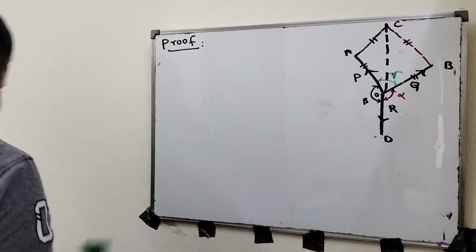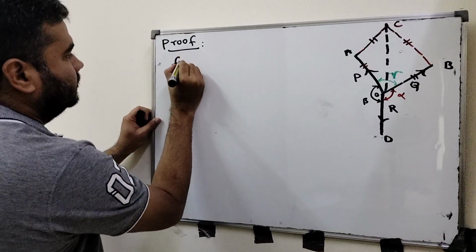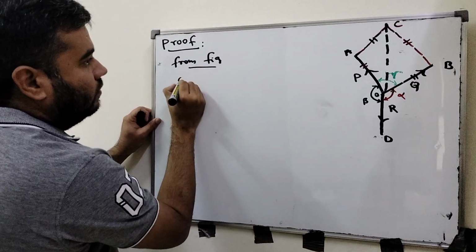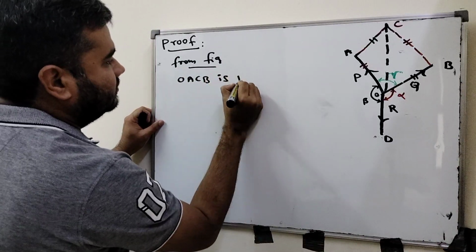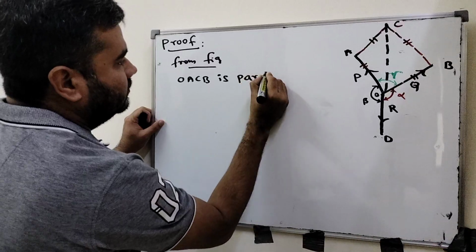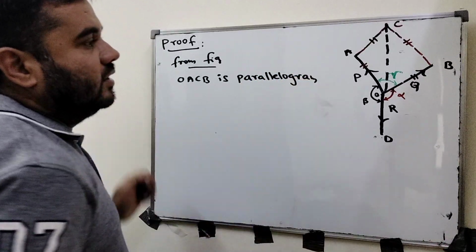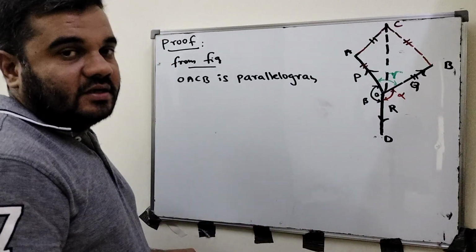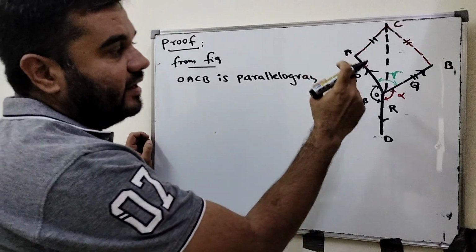From the figure, OACB is a parallelogram. Right? So now we know the parallelogram law of forces. Now apply the parallelogram law of forces. What does it say?